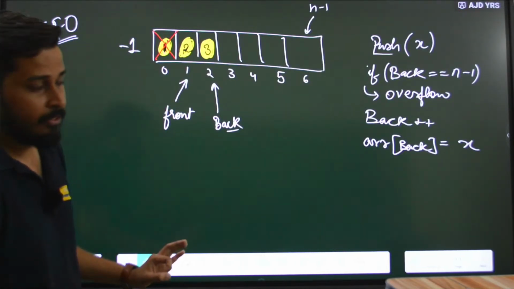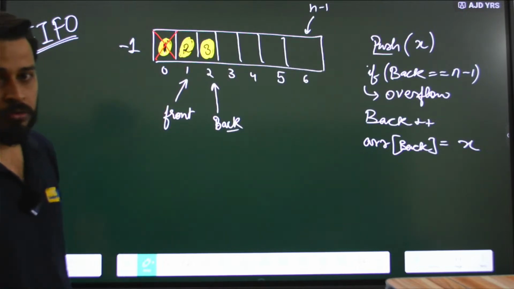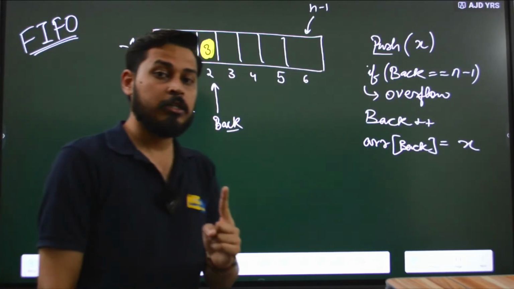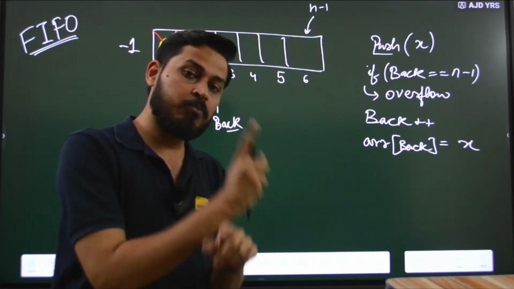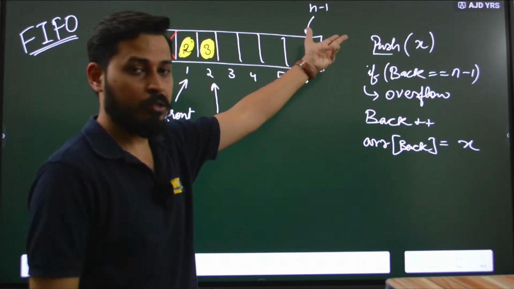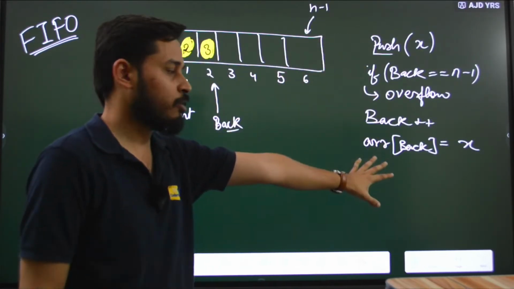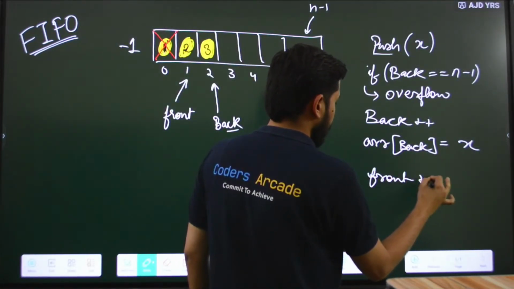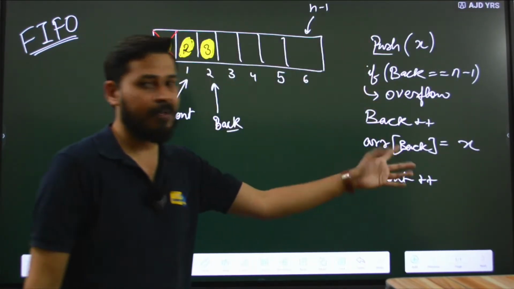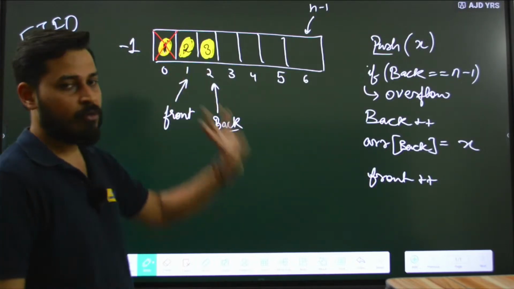After that I need to move front also, but I need to make sure that front is moved only once. It should not move again if I push again, because every time this function is called, it will push. If I say front plus plus here, then with every push front plus plus will happen and every element will get deleted.